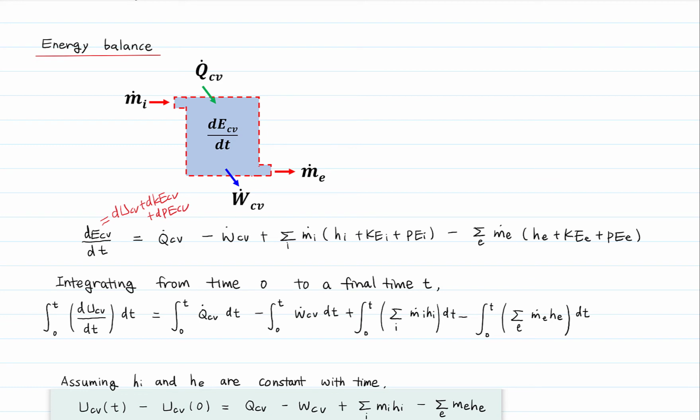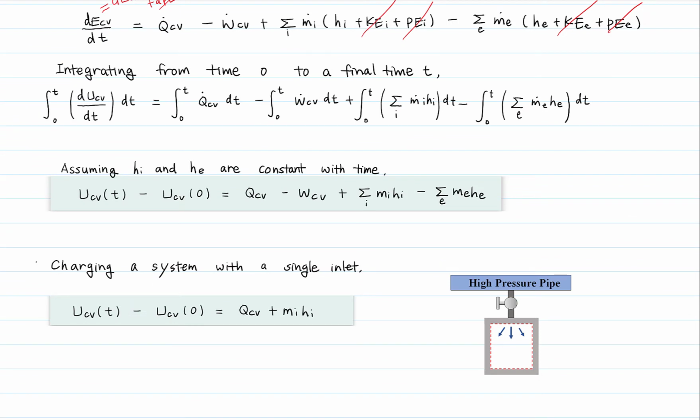So we neglect the kinetic and potential energy change in the control volume as the system is stationary. We also neglect the kinetic and potential energy change of the flows that enter and leave the control volume, as the changes are assumed to be small. Kinetic energy, potential energy drop out. So we integrate the equation over some period of time t.